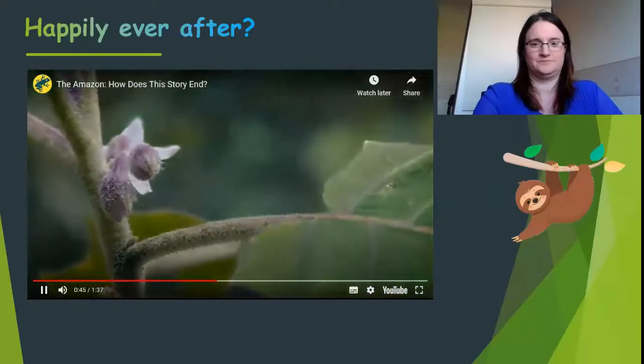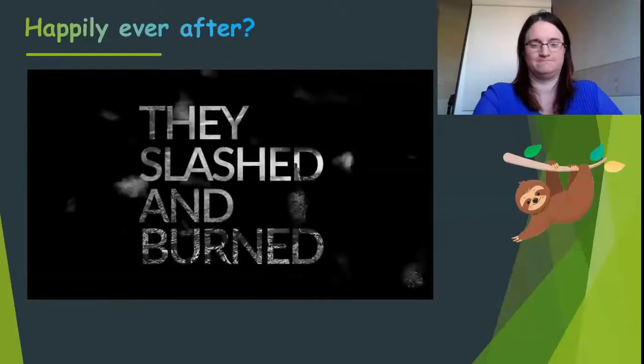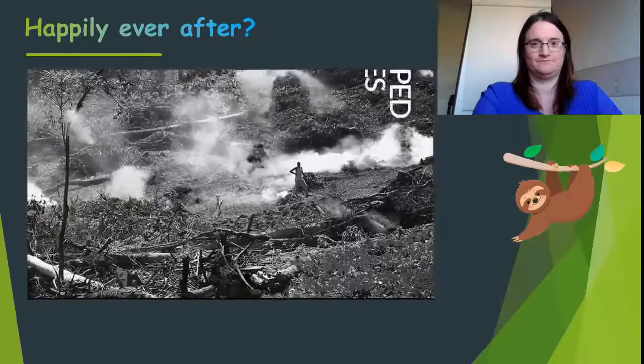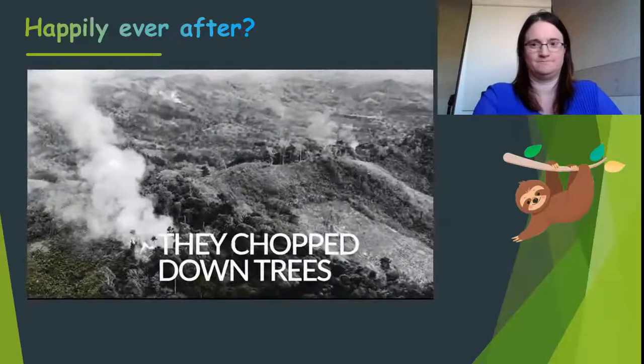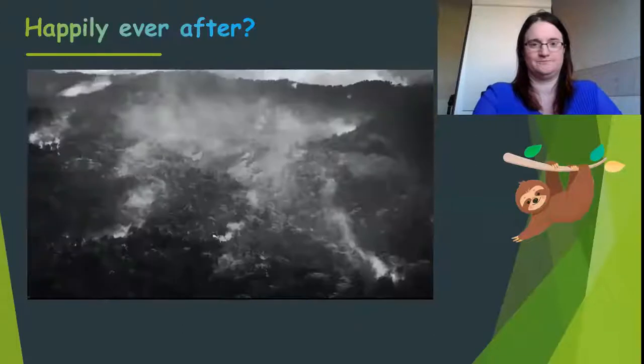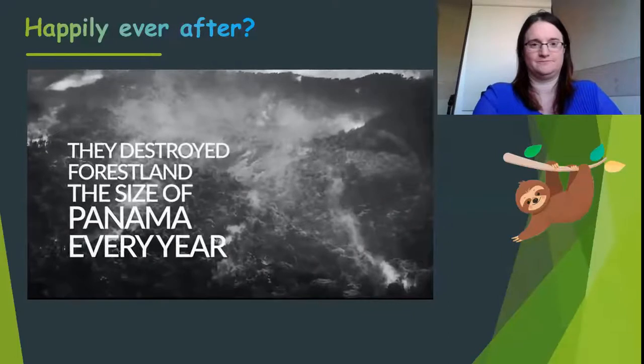But humans took the generosity of forests for granted. They slashed and burned to make way for more crops. They chopped down trees without knowing how long it would take for them to grow back, or understanding how their absence would impact the planet. They destroyed forest land the size of Panama every year.